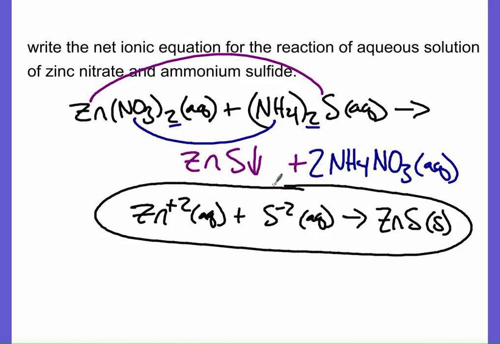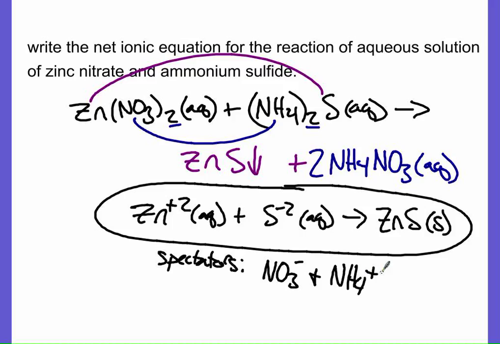I might also be asked to identify spectators, and in this case, my spectators are my nitrate and my ammonium, because I had those ions floating around, but at the end of the day, they didn't actually change. They stayed aqueous, so they're just spectators.